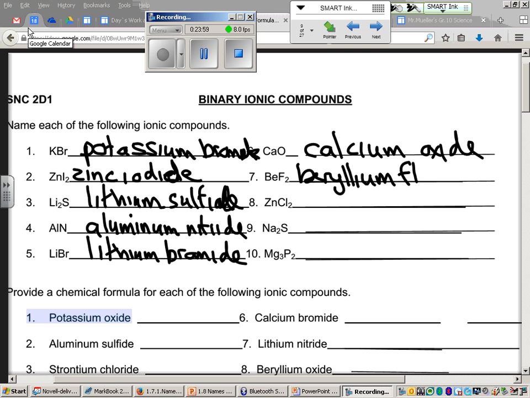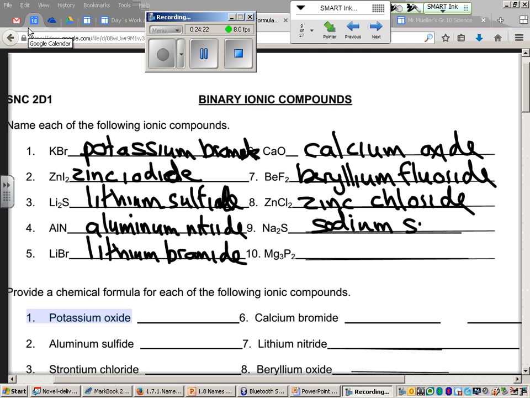Beryllium fluoride for spelling purposes. And Kayla? Zinc chloride. So, whoops, there's an O in there.